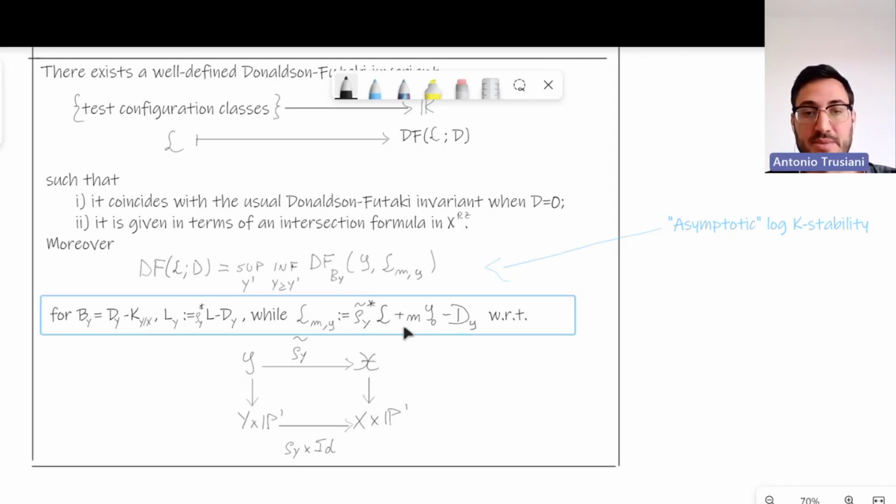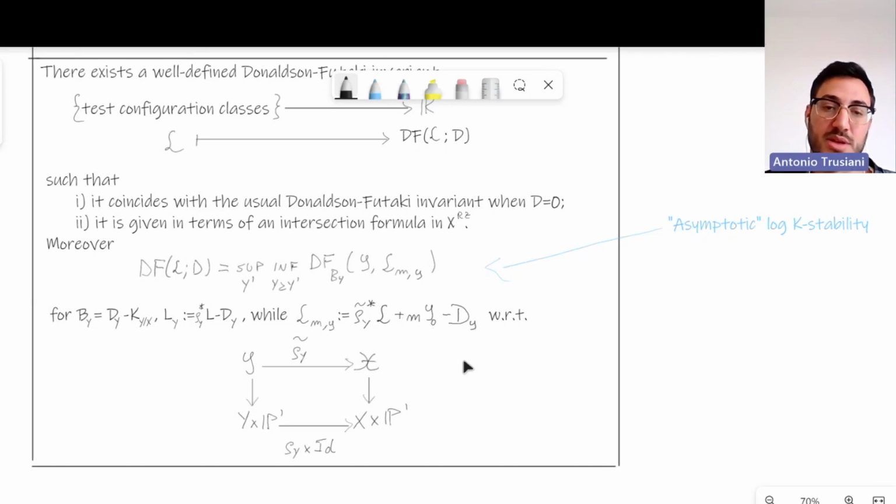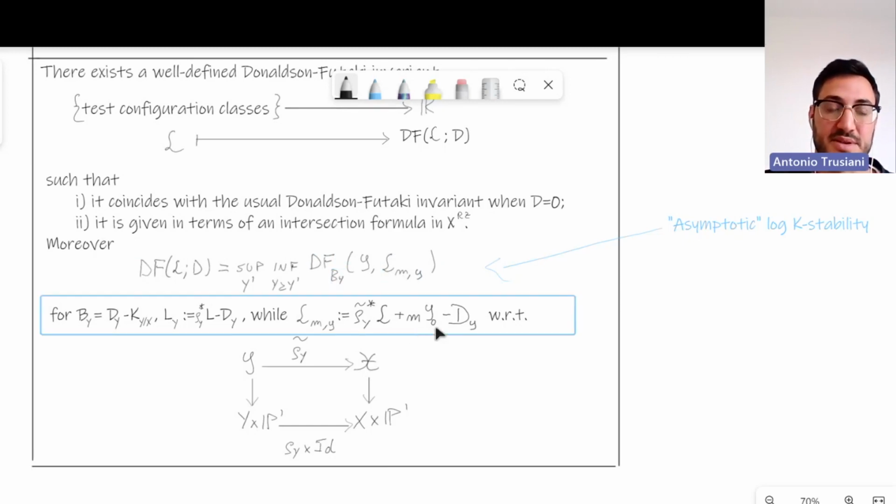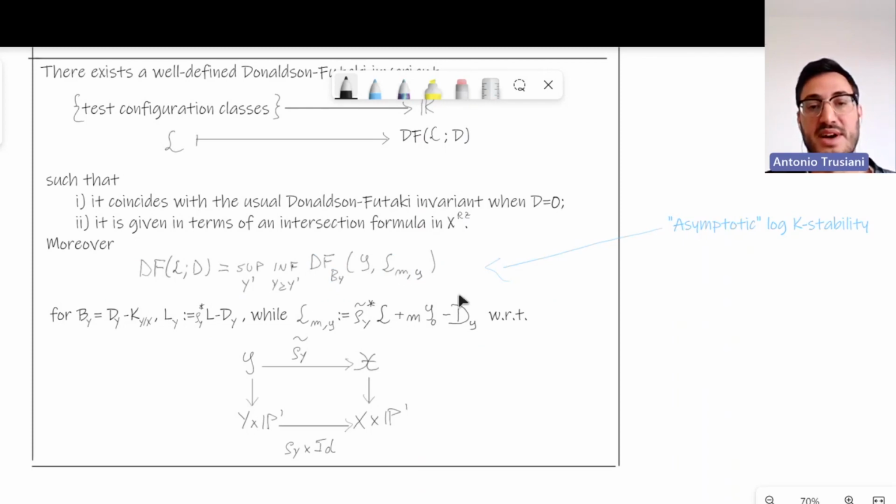It's not big a priori. So we add some multiple of the central fiber, and we don't change the Donaldson invariant, because we can prove that it is independent of the multiple m that you choose, if m is big enough. Indeed, in general, the Donaldson invariant is what is called translation invariant.